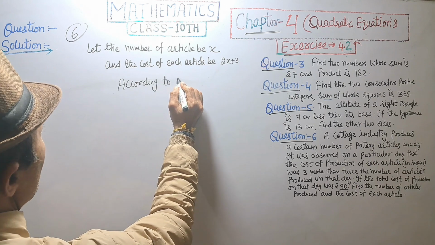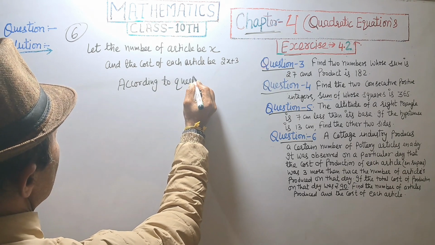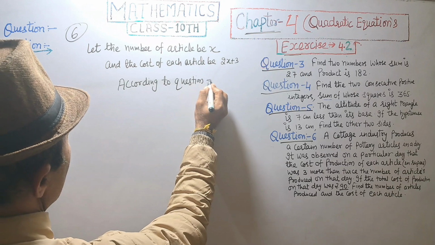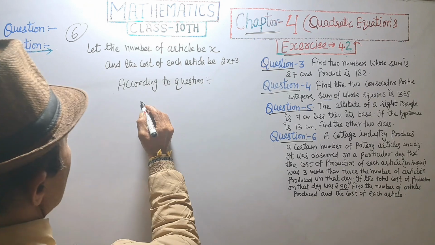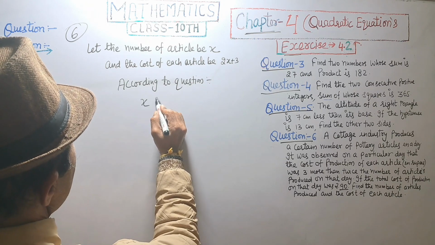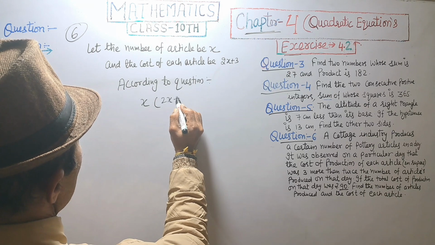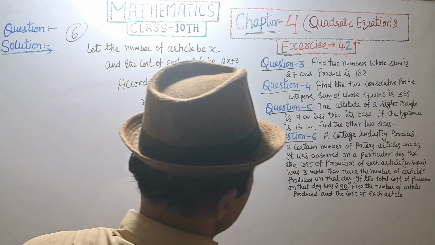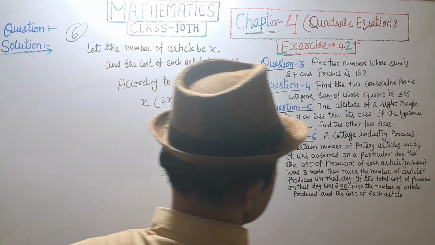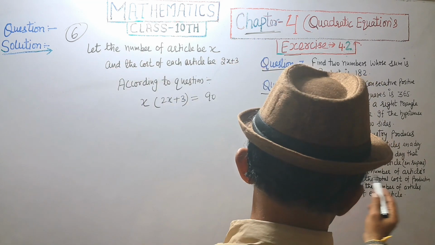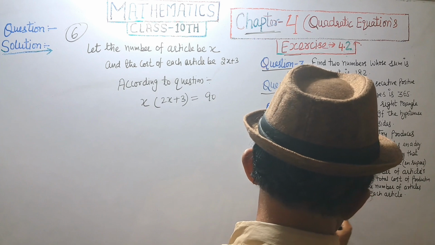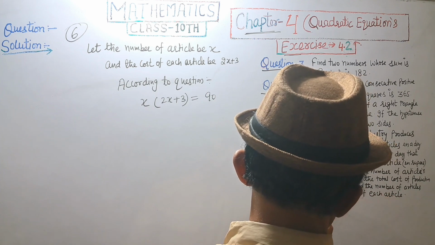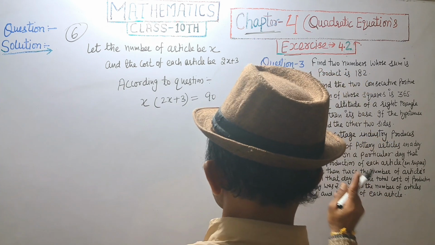According to the question, x into 2x plus 3 is equal to 90, since the total cost of production on that day was rupees 90.